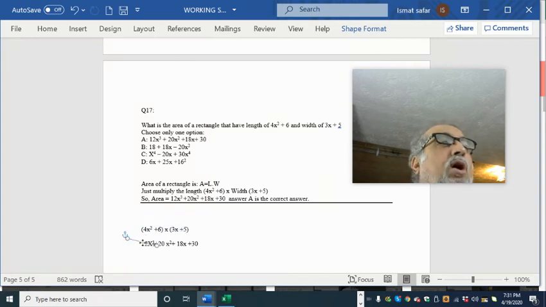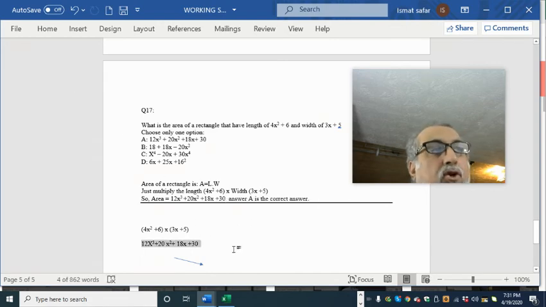So you will have 12x cubed plus 20x squared, plus this 6 multiplied by 3x, which is 18x, plus 6 times 5 equals 30. That's all you do. Now this is the answer.